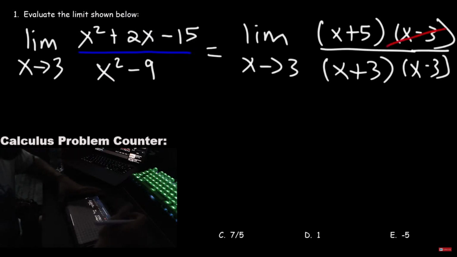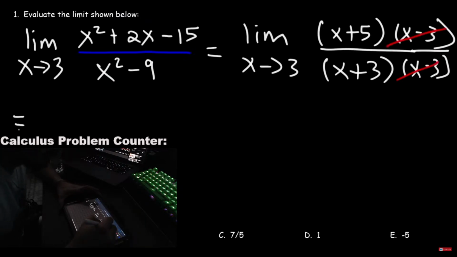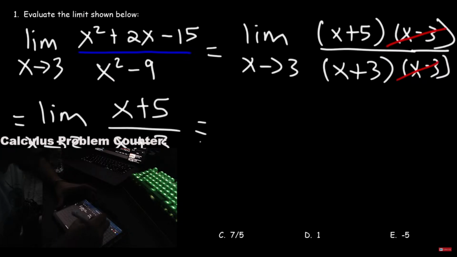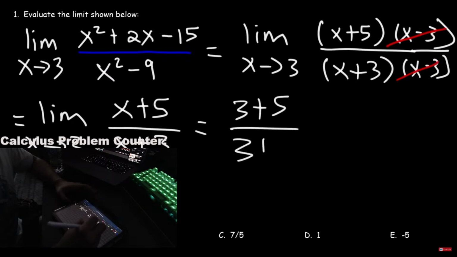So at this point, we could cancel the x minus 3 factor. And so what we have left over is the limit as x approaches 3 of x plus 5 over x plus 3. So now at this point, we could use direct substitution. So it's going to be 3 plus 5 divided by 3 plus 3. 3 plus 5 is 8, 3 plus 3 is 6.